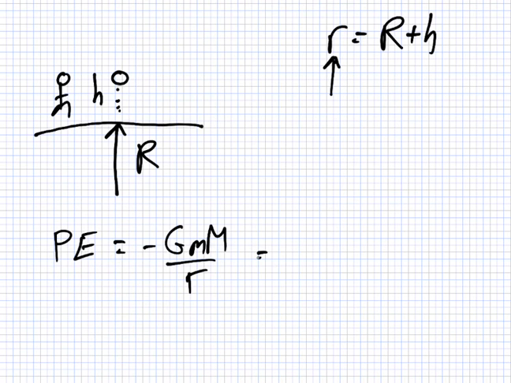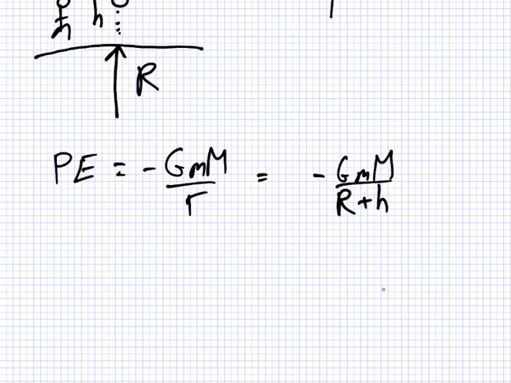So if I sub that in, I get minus GMM over big O plus H.